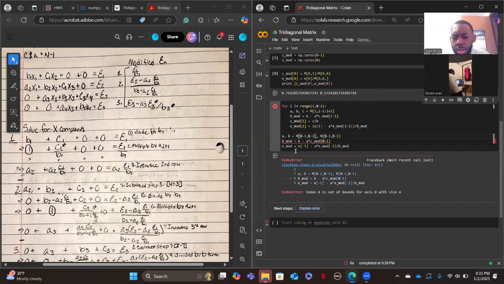Let me index. What's the problem? Yeah, it should be at the fourth one for our B mod. That should be at the fourth, yeah, that's correct.